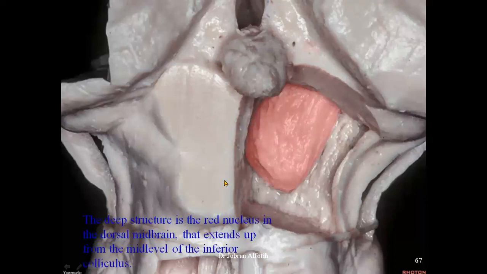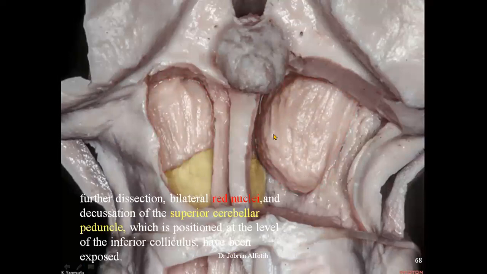Deep to the superior and inferior colliculi, there is a red nucleus which extends up to the mid level of the inferior colliculus.